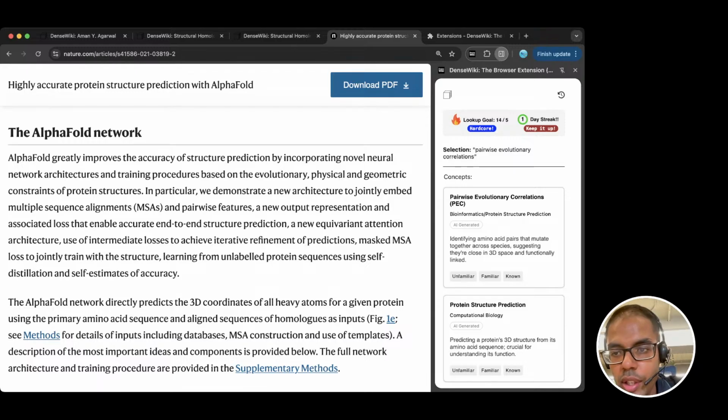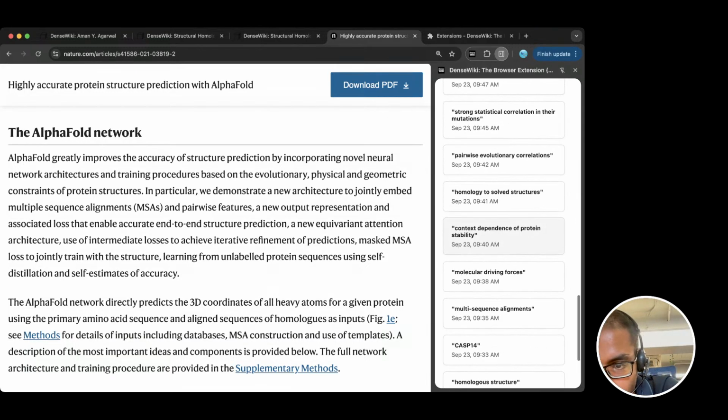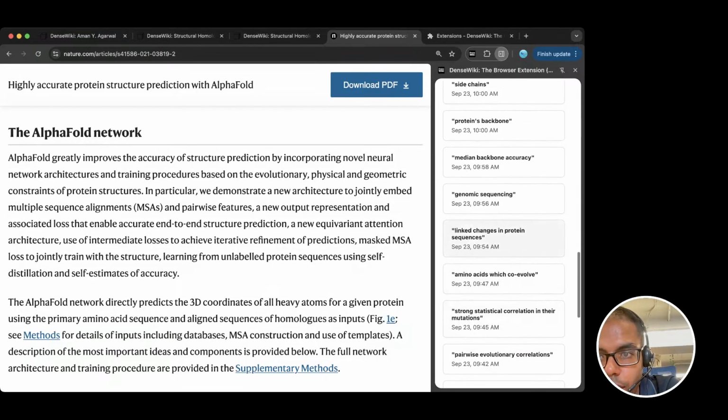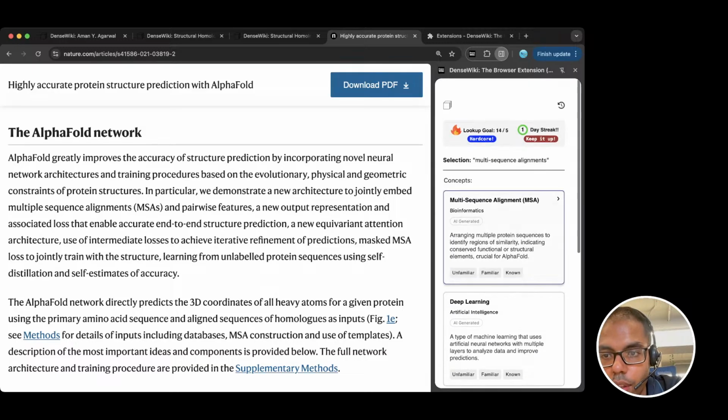I'm already familiar with this, but if you're not, that's basically multiple sequence alignments, right?